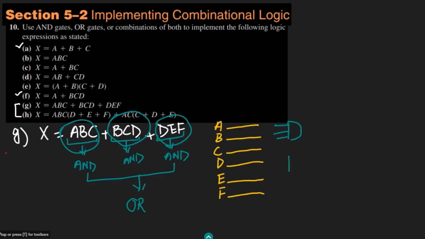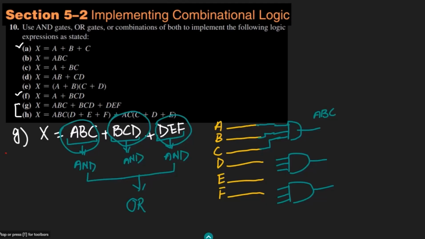Similarly, the second gate is also a 3 input AND gate, and the third gate is also a 3 input gate. So these are the inputs and these are the outputs. The output of the first gate is ABC, so let me label the inputs A, B and C, and therefore the output will be ABC.